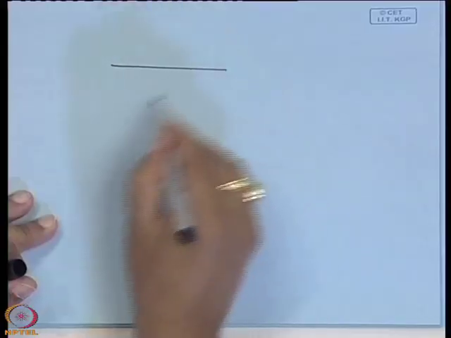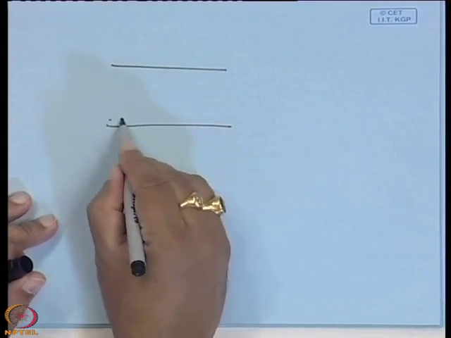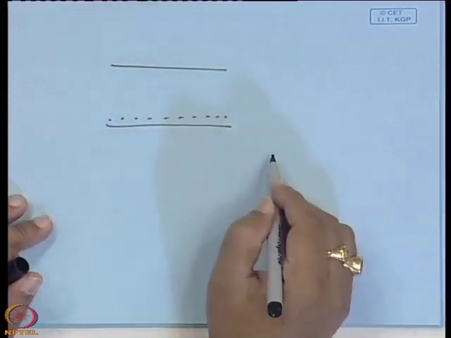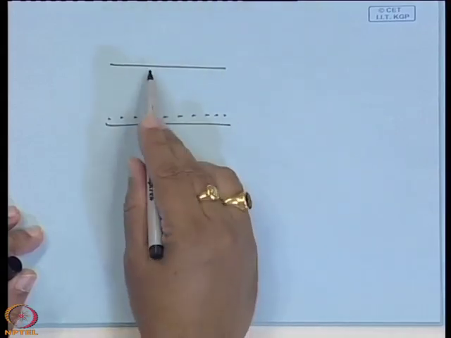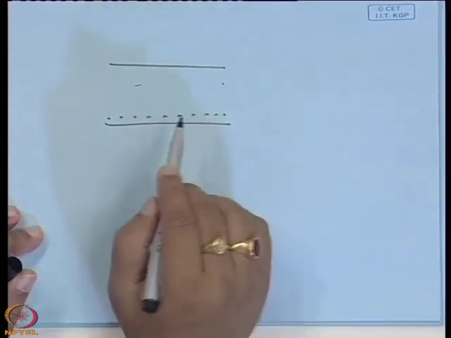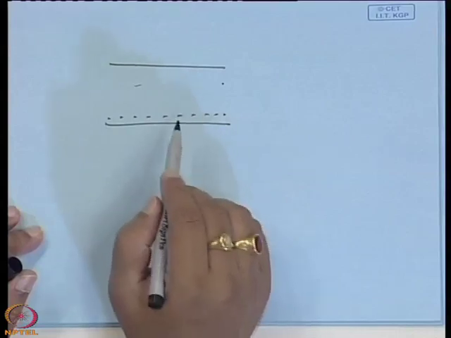What is a shallow acceptor? Why is it known as shallow? It is because it is just above the valence band, that is why it is known as a shallow acceptor. Shallow donors mean it is just below the conduction band edge, the bottom of the conduction band.